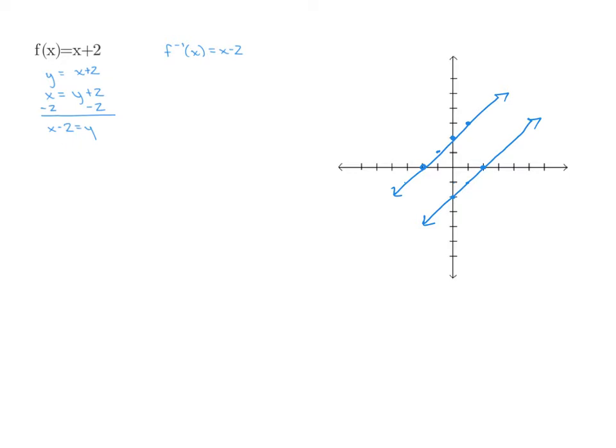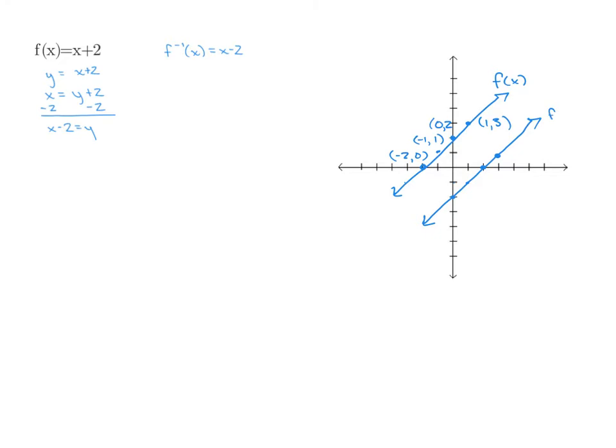Okay, I'm going to go ahead and label some points so that we can see kind of what we're working with here. So we have -2, 0. We have -1, 1. And we have 0, 2. We also have a point 1, 3. If we look, this is our f of x graph.